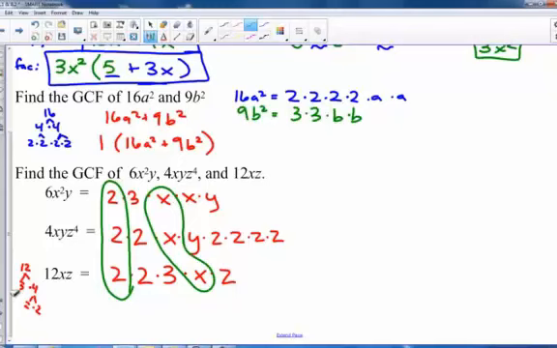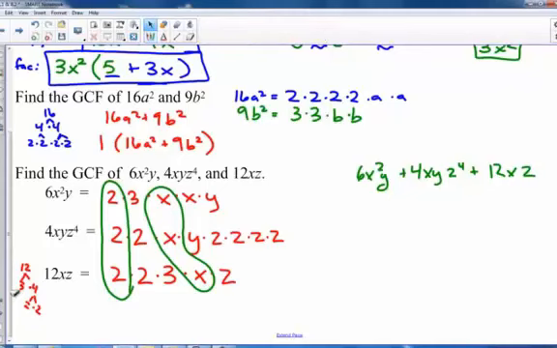So if the equation that we had to factor was 6x squared y plus 4xy z to the 4th plus 12xz, you would take out 2x.